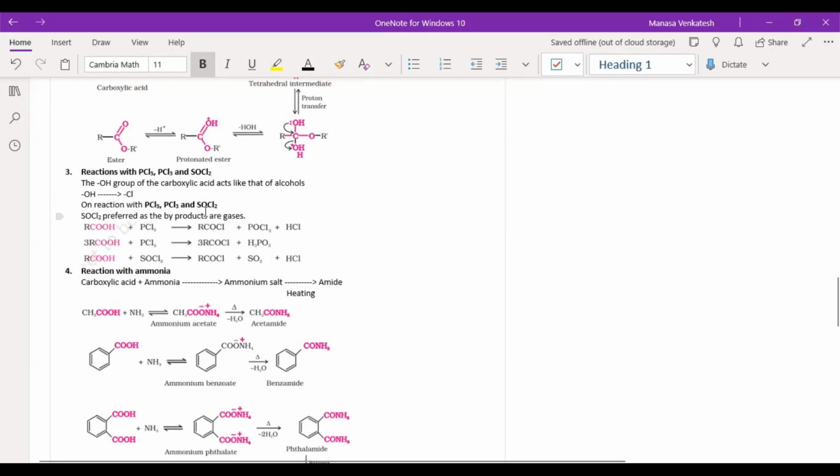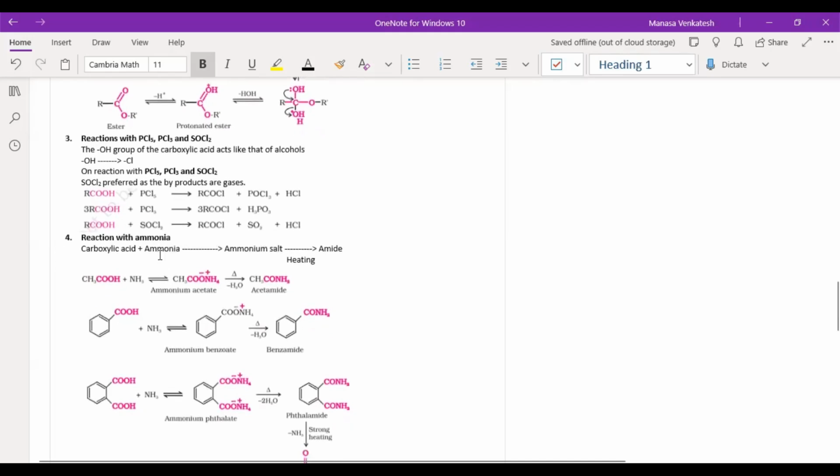With PCl5, PCl3 and SOCl2, similar to what was observed in alcohols, phenols, ethers, SOCl2 is preferred as the reactant because the byproducts SO2 and HCl are going to be gases, whereas in the other cases, these are not, and these won't escape into the air like these. So because of that, SOCl2 is more preferred.